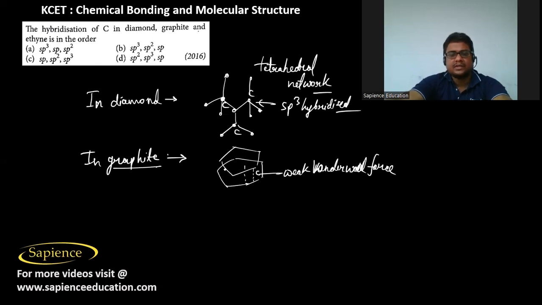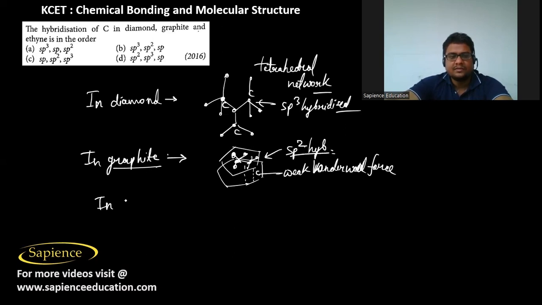So it means within the plane, each carbon atom is linked with three other carbon atoms. So every carbon atom in graphite is sp2 hybridized.